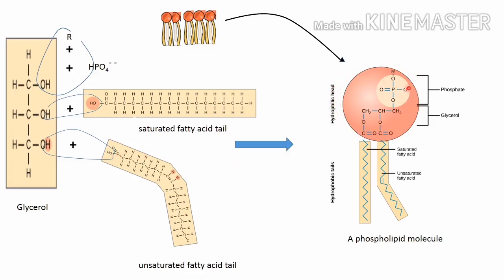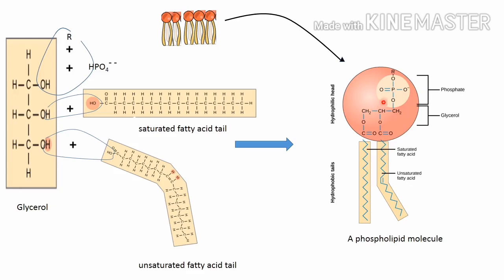This is a phospholipid molecule. Here it has two tails of fatty acid chains, and as we can see, one tail is slightly bent. It is due to the presence of this double bond. The presence of a double bond in the phospholipid molecule has its significance that will be discussed later on.